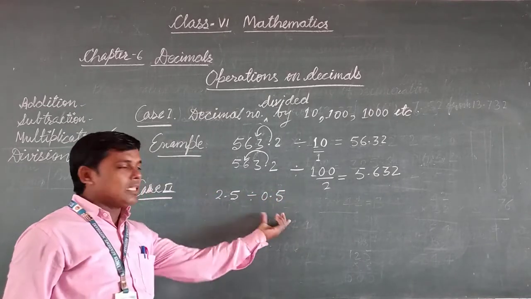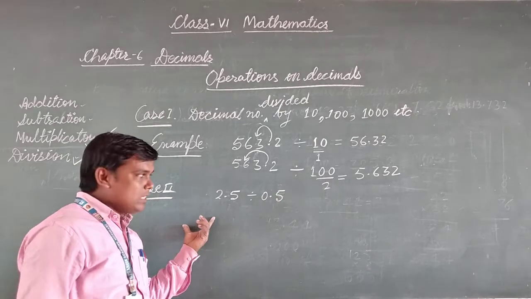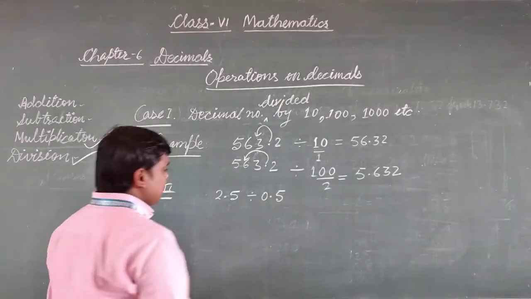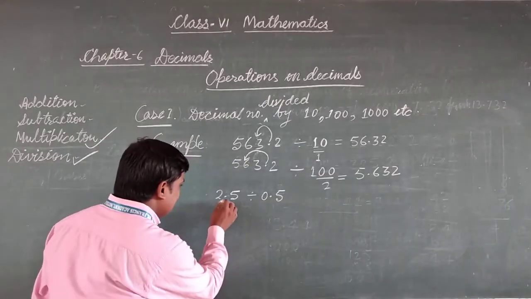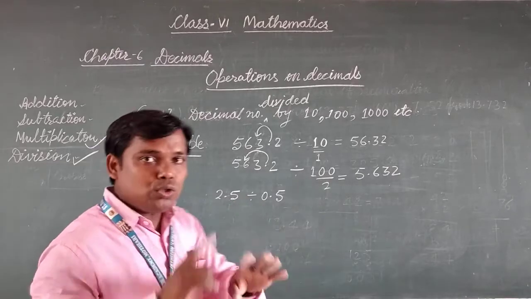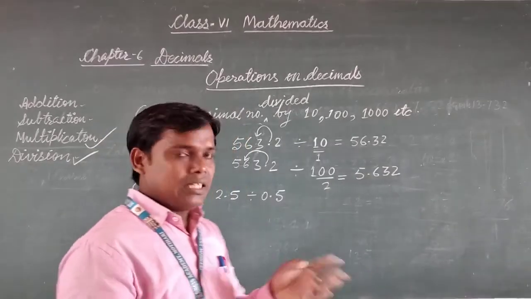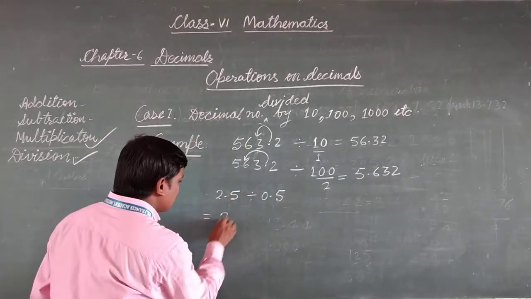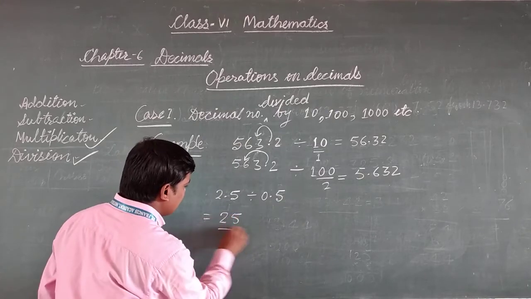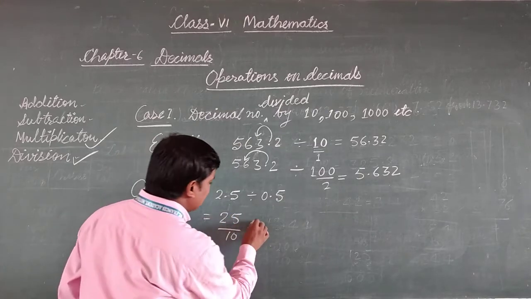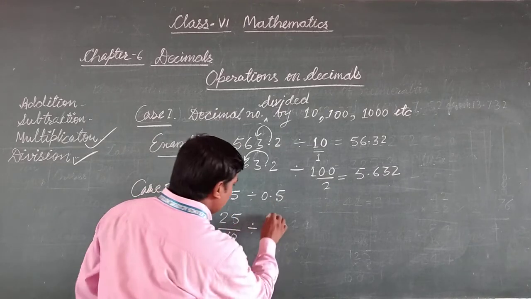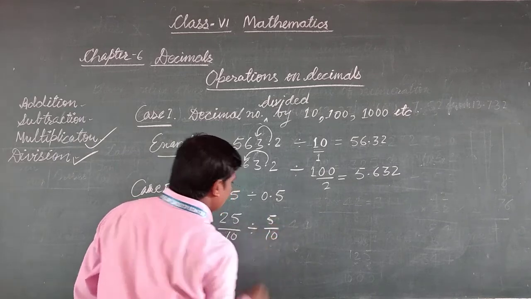These two are decimal numbers and we have to divide. Then in this case we change these two into fractions. This can be written as 25 by 10 divided by 5 by 10.